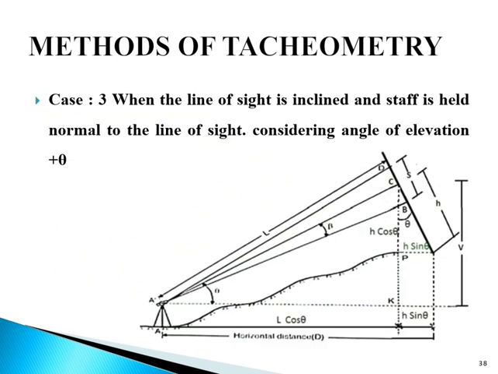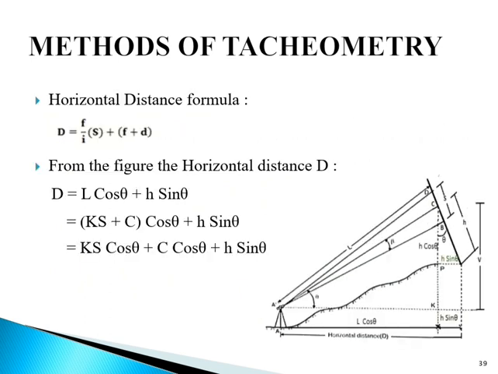Now let's talk about case 3, when the line of sight is inclined and the staff is held normal to the line of sight. So considering the angle of elevation, say plus θ. All the arrangement we have already seen. So the horizontal distance formula D is equal to (f/i) s + (f + d).